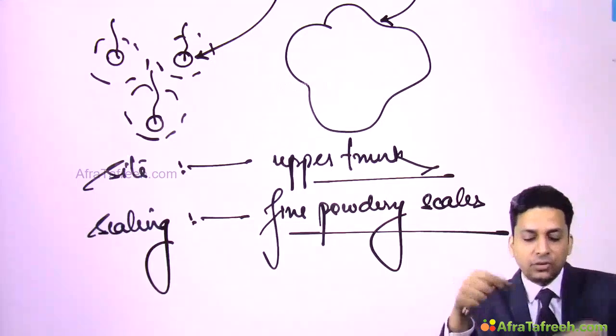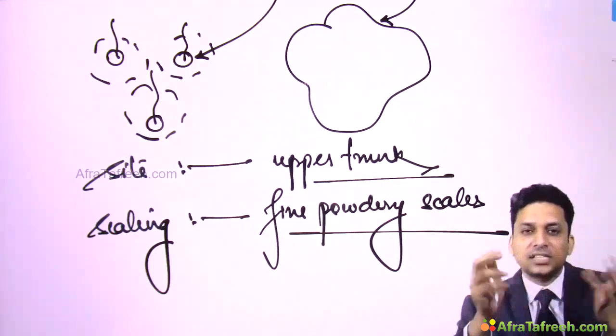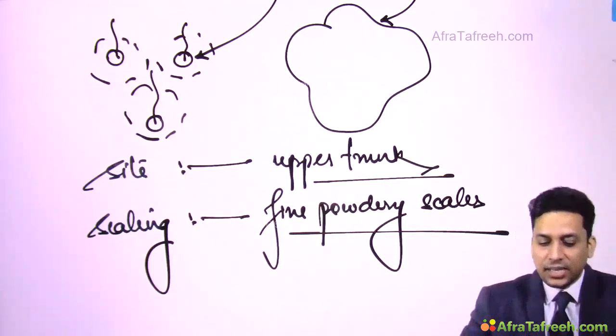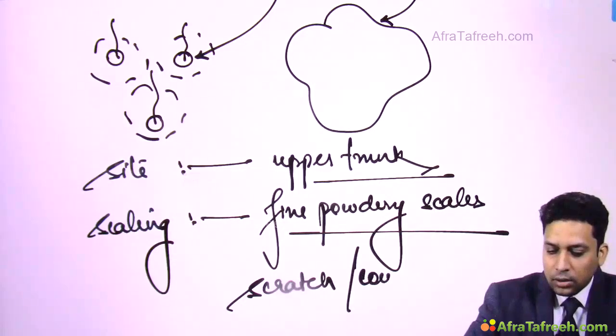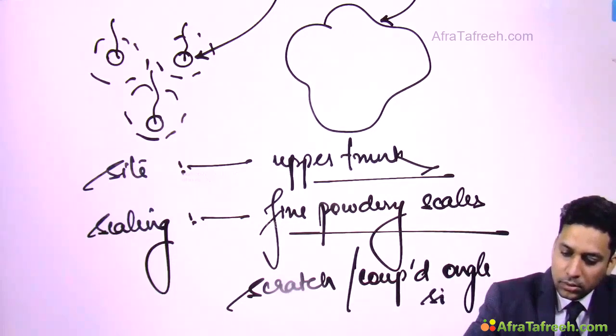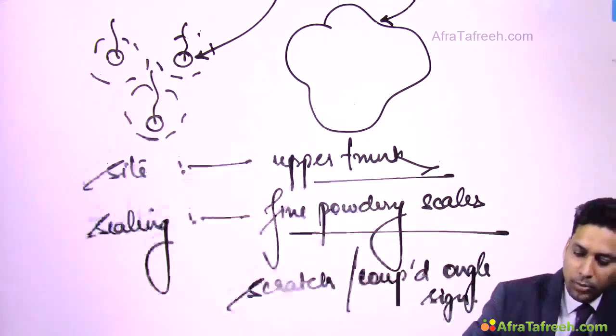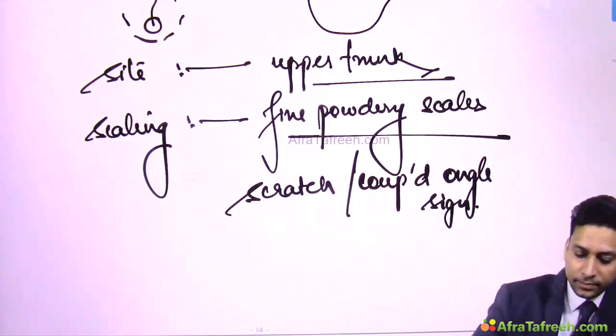So if they are not visible, you can simply with your nail scratch the lesion, and when you scratch the lesion, these powdery scales come out. So this is known as scratch sign or coupe d'angle sign. So this is one sign which you can elicit.